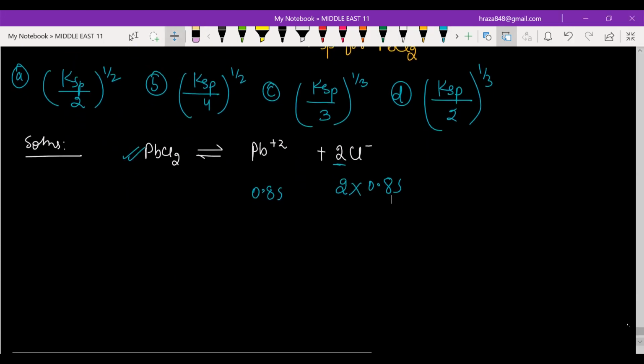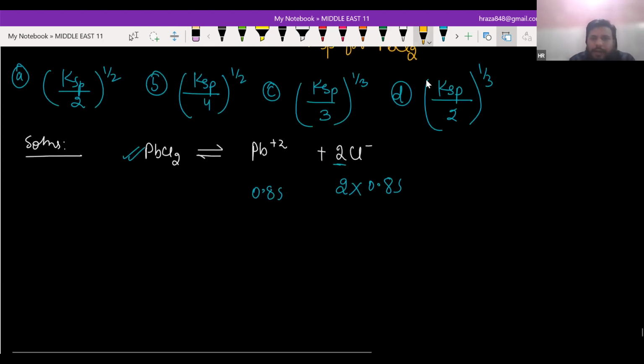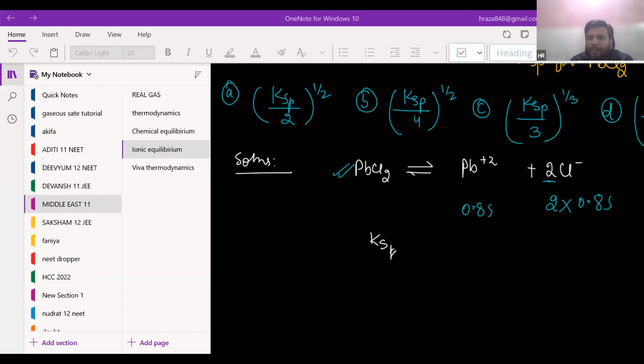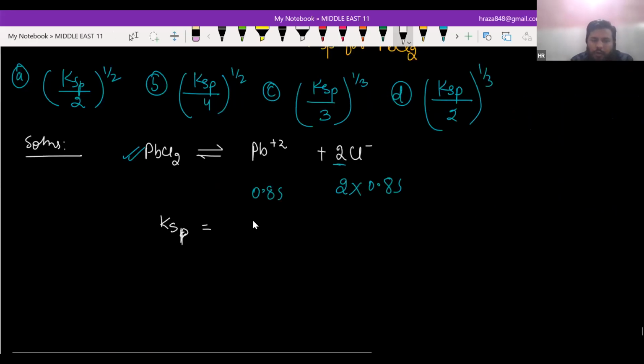Now see, Ksp will be equal to, wait a minute, it's lagging. Ksp will be equal to [Pb2+] into [Cl-] raised to the power 2, right?